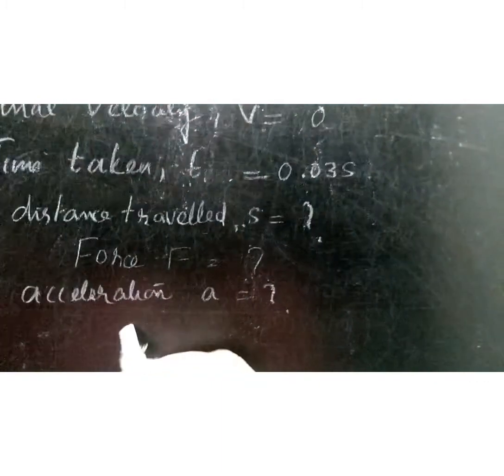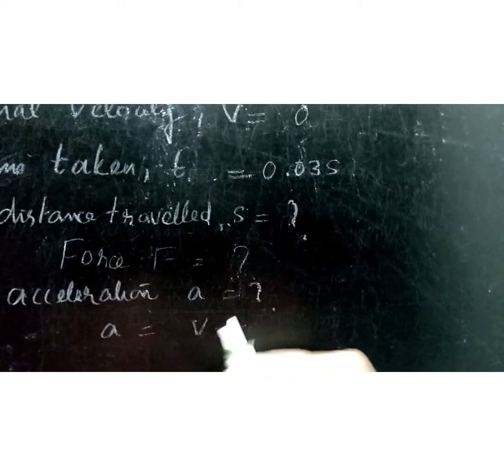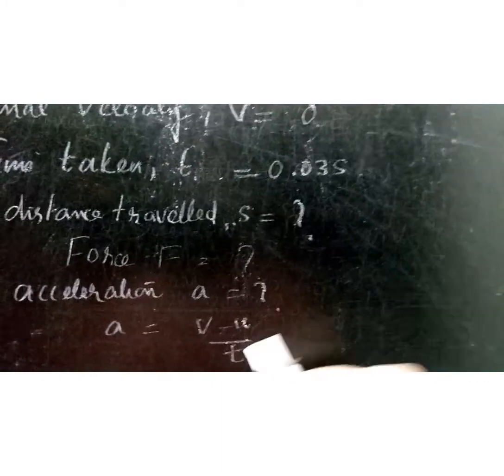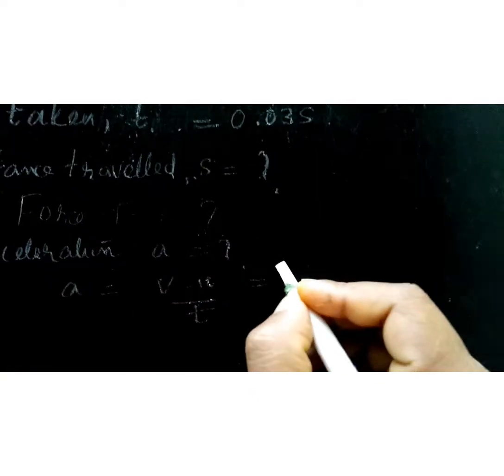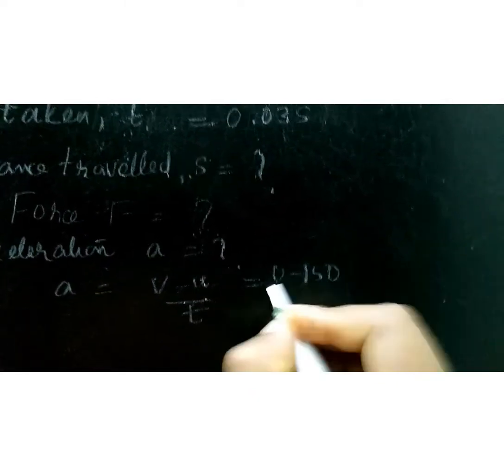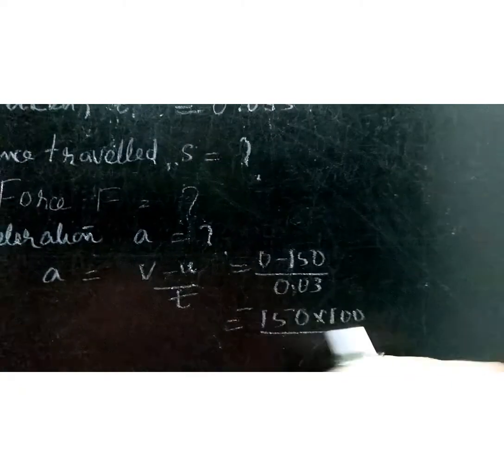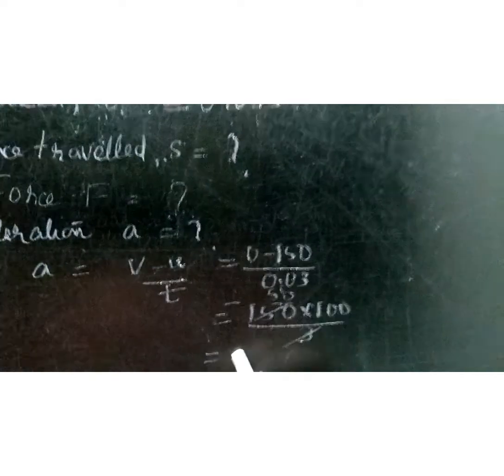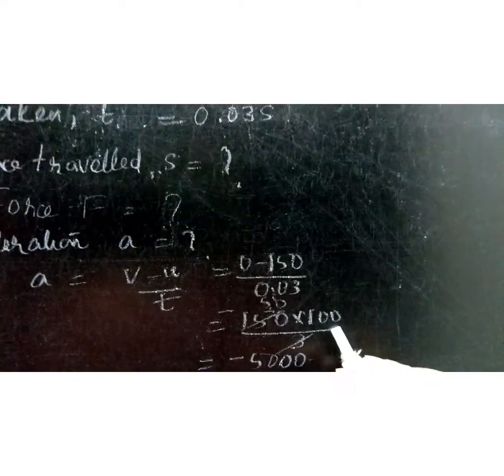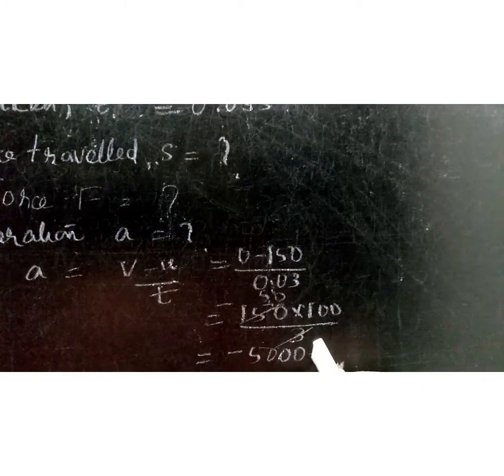So we can write a is equal to v minus u by t, isn't it? So 0 minus 150 divided by 0.03. So negative 150 into 100 divided by 3. So 50 into 100, negative 5000 meter per second square.